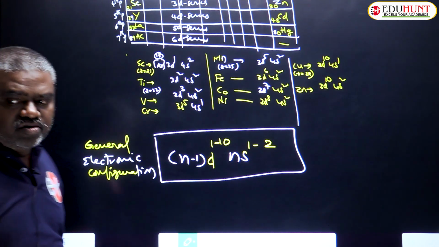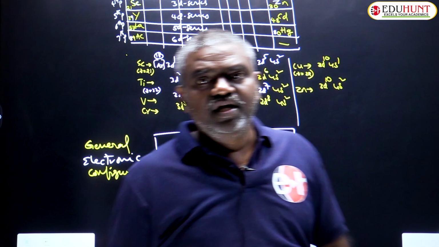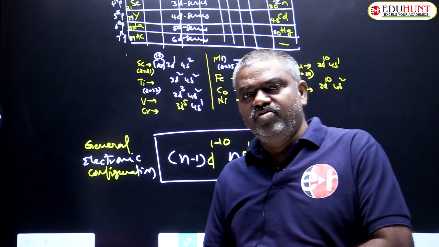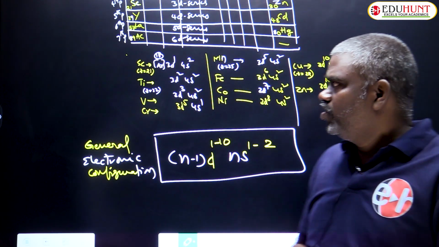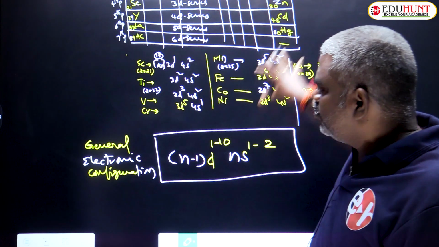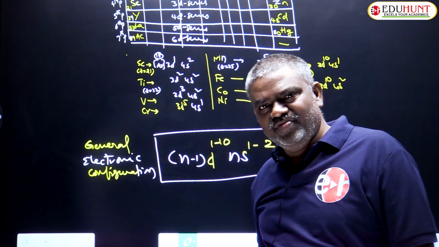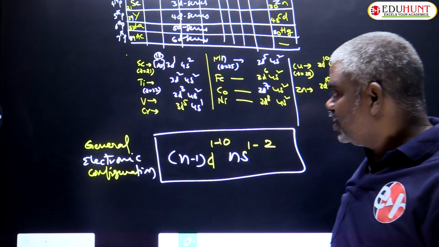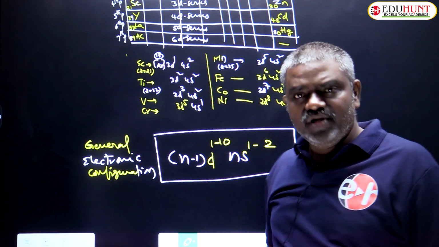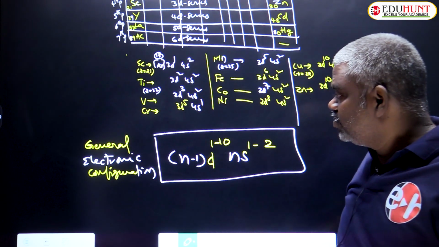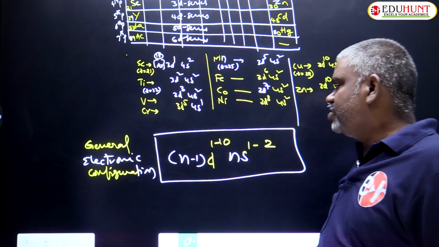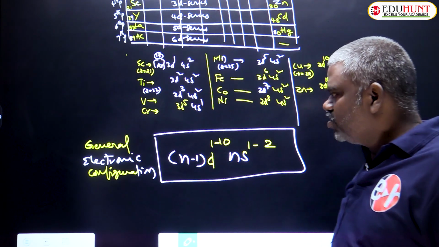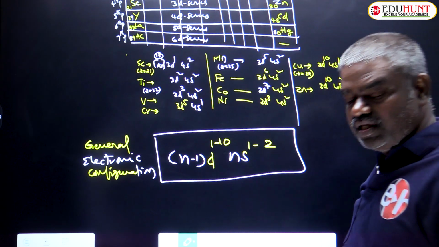What is the general electronic configuration of d block elements? (n-1)d 1 to 10, ns 1 to 2. All elements obey this general electronic configuration. Hence the differentiating electron enters the (n-1)d orbital. The elements in which the differentiating electron enters the (n-1)d orbital are called d block elements.